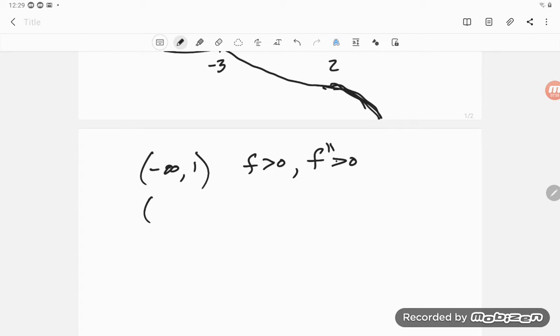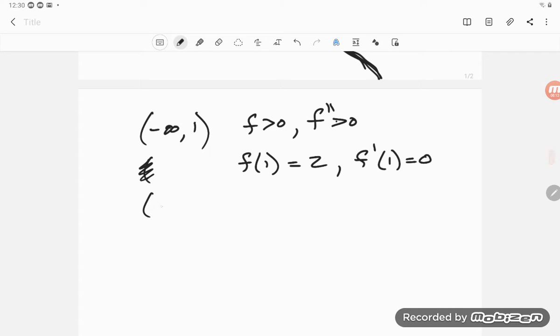Then I could also tell you that f at 1 is 2, and f prime at 1 is equal to 0.